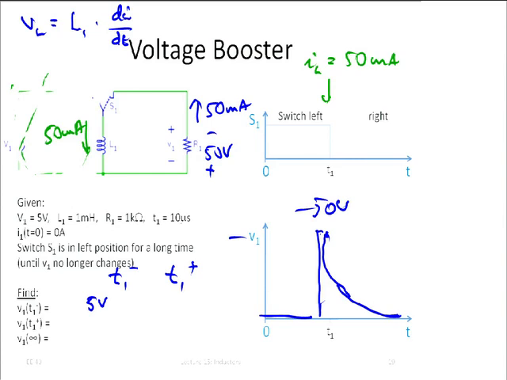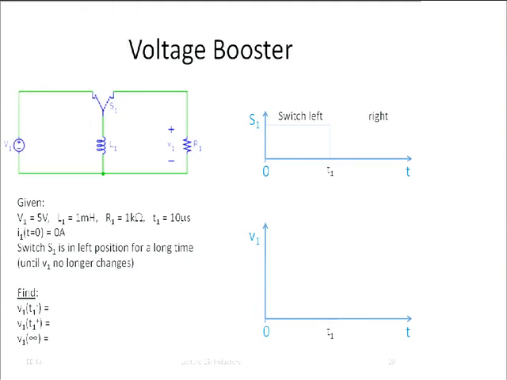So what is the voltage across the inductor before we switch it? Well, it's V1, right? Because we simply connect the voltage source V1 to the inductor.